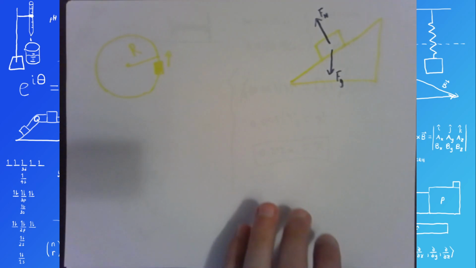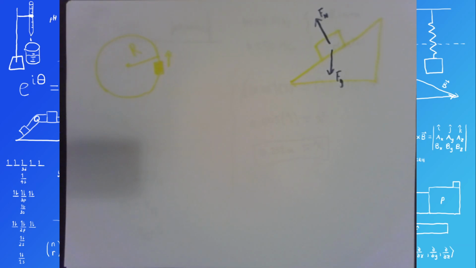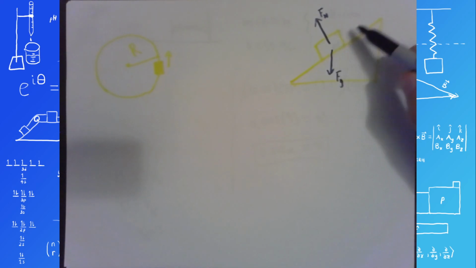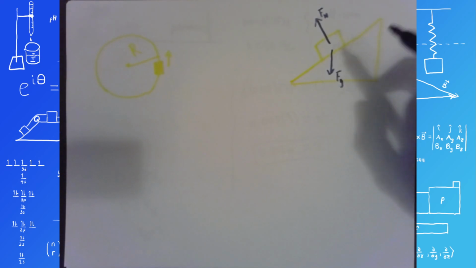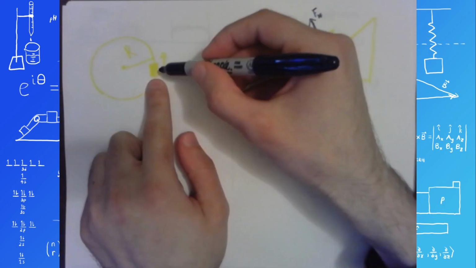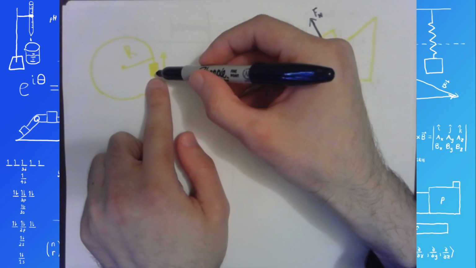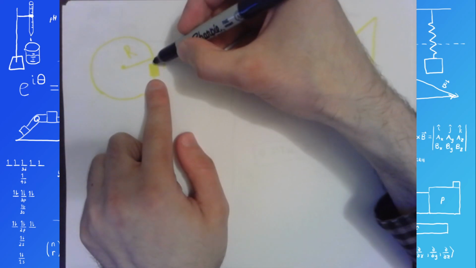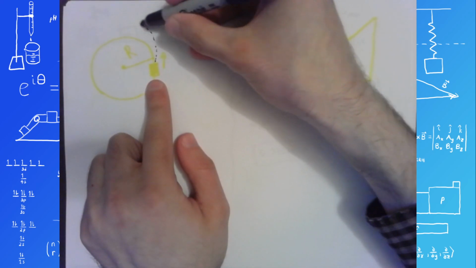And then we have static friction, which can be either direction because they asked for the maximum and minimum speeds we can have. At the maximum speed, the car is about to drift outward. So if I'm looking at the top view, at its maximum speed, it's about to drift outward like so.